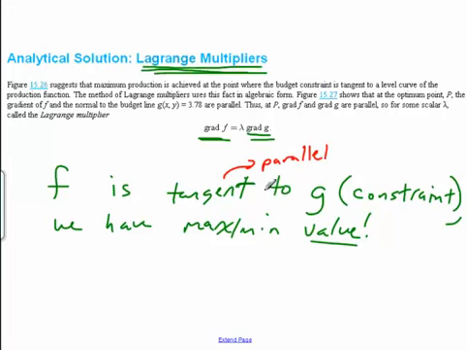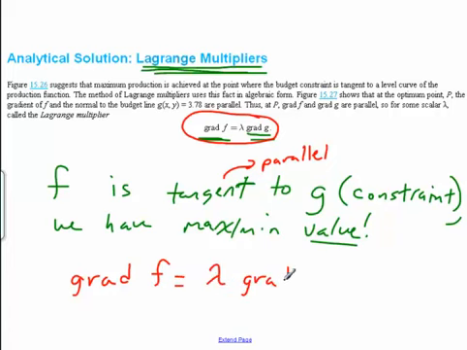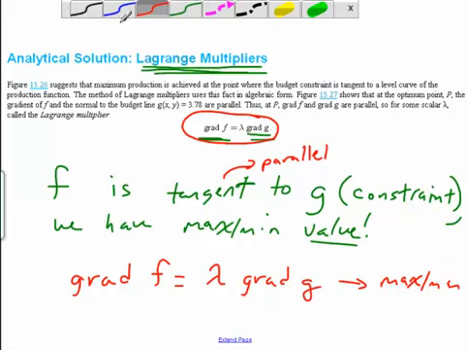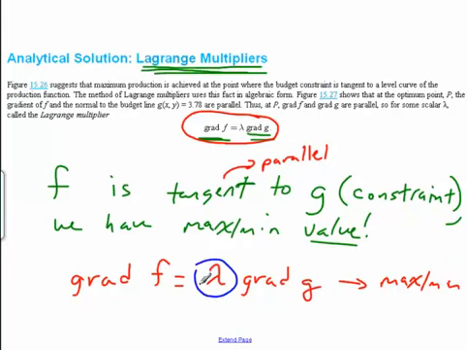So when f is parallel to g, or in other words, when their gradients differ by a scalar multiple, so when my gradient of f equals some scalar, we call that scalar lambda, times grad g, we're going to have our max or min. And this scalar is so important to us that we call it, and this work was done by mathematician Lagrange, the Lagrange multiplier.